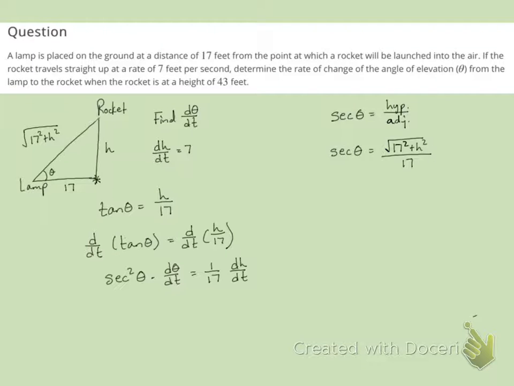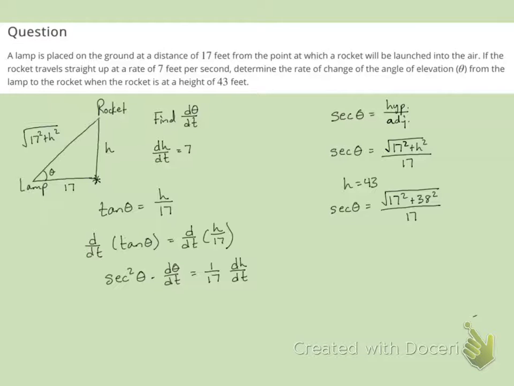And let's see. Oh, I know the height. I'm told that the height, h, is 43 feet. So the secant of theta then is going to be the square root of 17 squared plus 43 squared, all over 17. Now when I looked at this problem on Newton, it gives the whole thing in terms of a fraction.